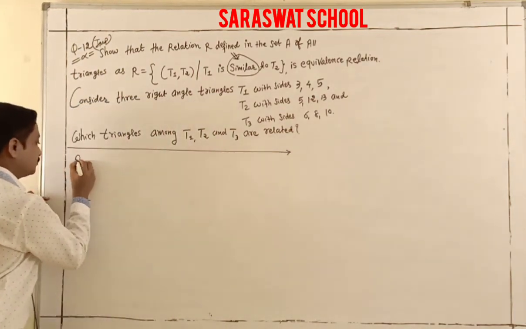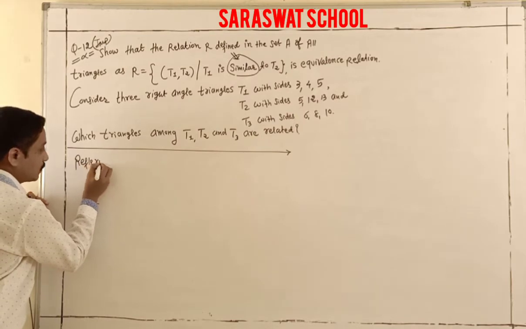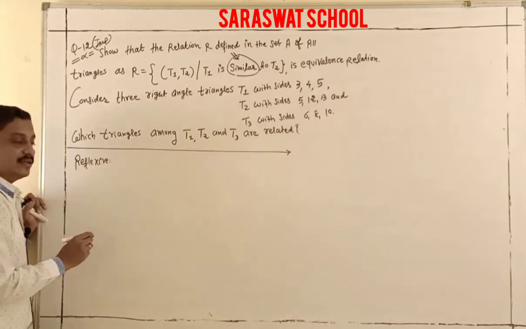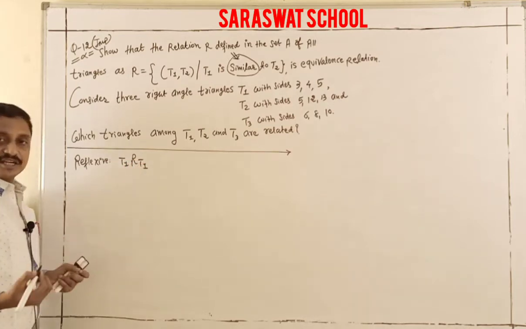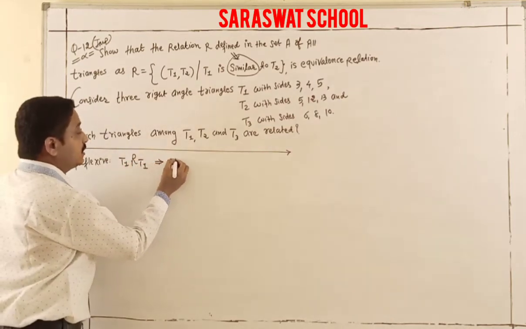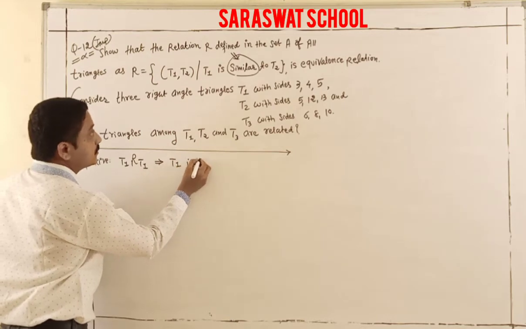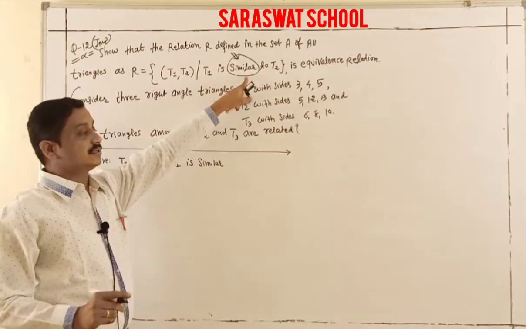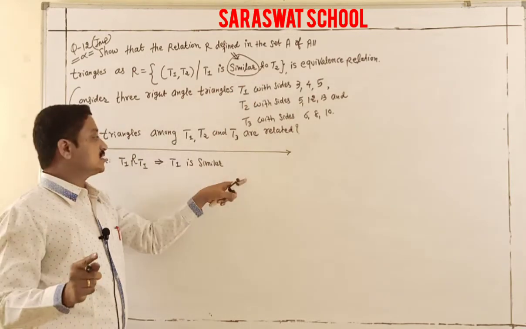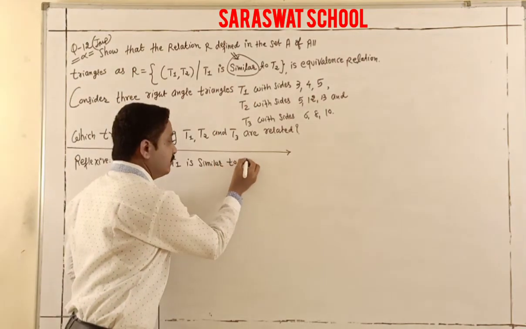First of all, reflexive. Yes students, reflexive means T1 relation T1. Taking only the first triangle, what do you write? T1 is similar to T1.